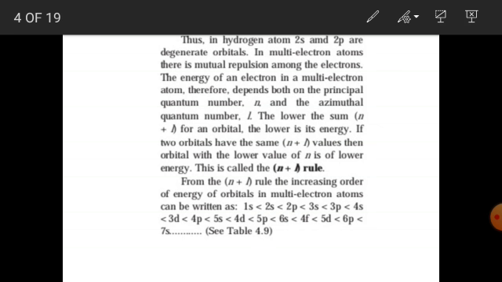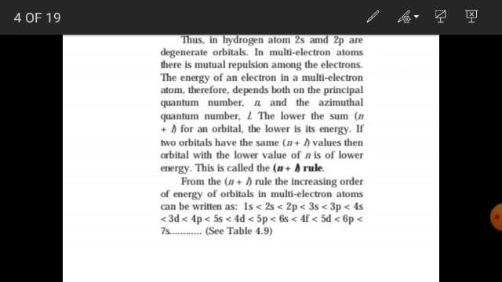This is called the n plus l rule. Again, the lower the sum for an orbital, the lower its energy, and if two orbitals have the same n plus l value, you have to see the principal quantum number. If n has the lower value, then that orbital has lower energy. This is the n plus l rule.